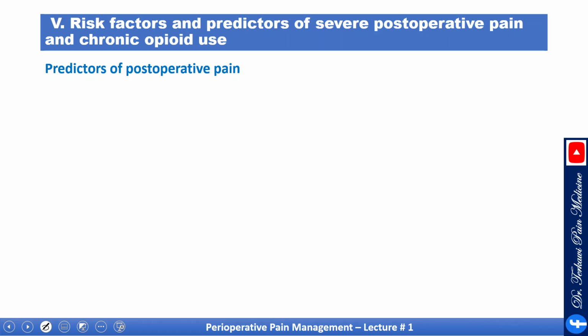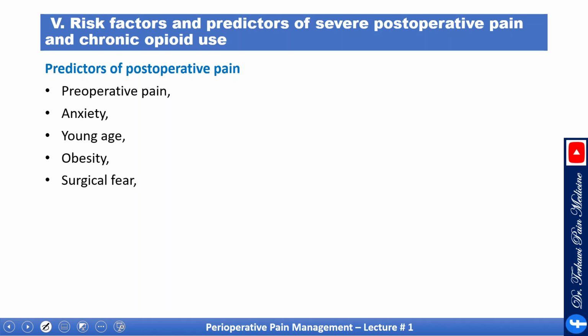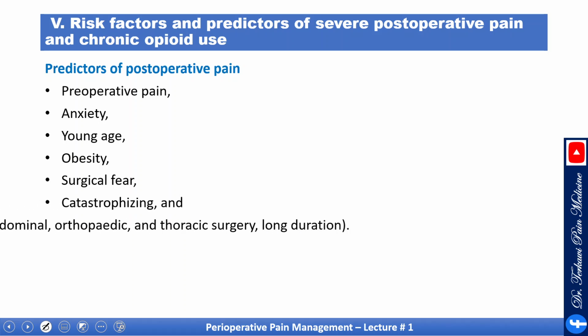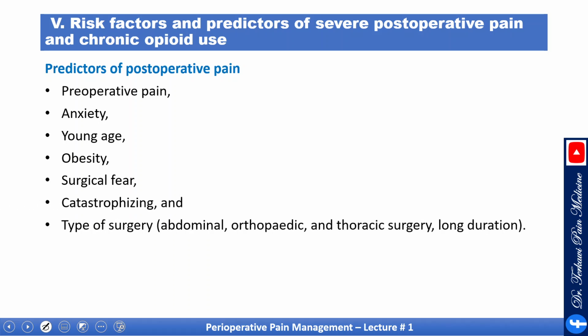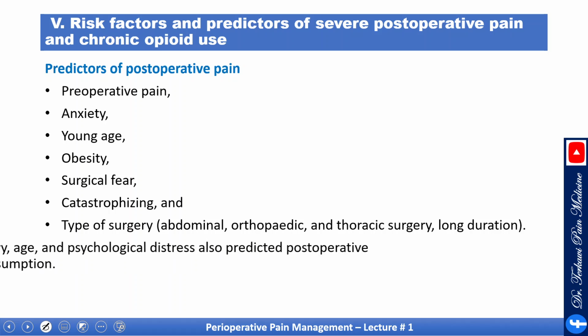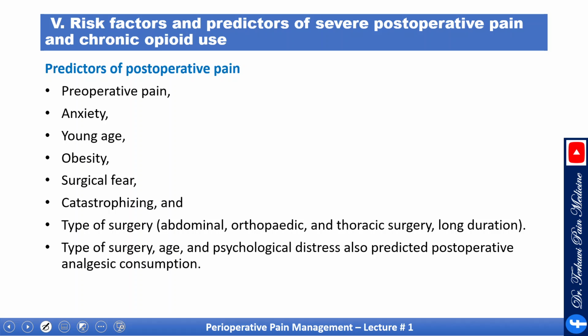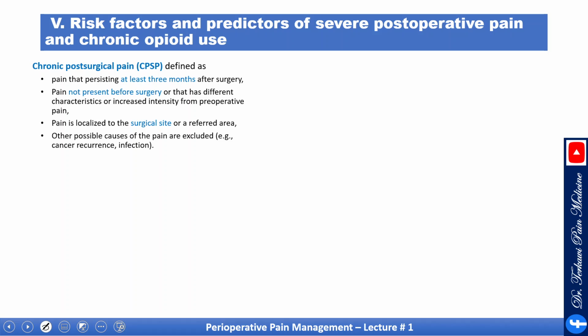Predictors of severe postoperative pain: preoperative pain, anxiety, young age, obesity, surgical fear, catastrophizing, type of surgery like abdominal, orthopedic, thoracic, long duration of surgery, psychological distress, which also predicts postoperative analgesic consumption.